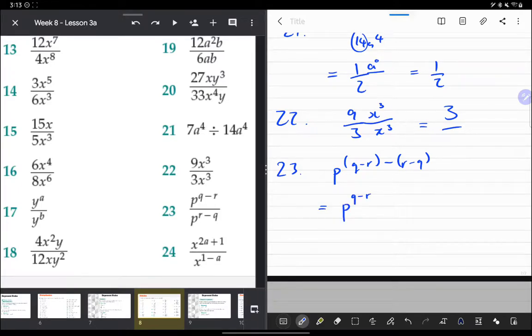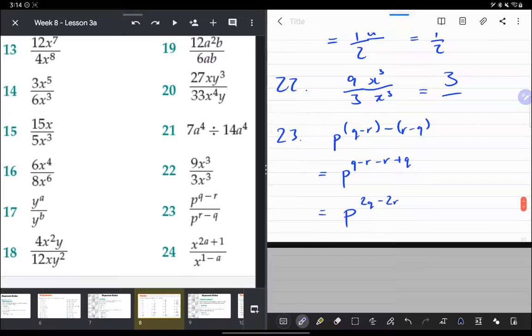So that's q minus r plus q. Remember, I'm minusing a positive r and I'm minusing a negative q. So the signs do flip, which is why I'm plussing the q here. Cool. So all that being said, that is 2q negative 2r, or minus 2r. Yep.